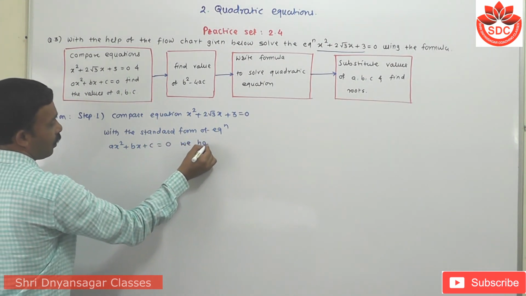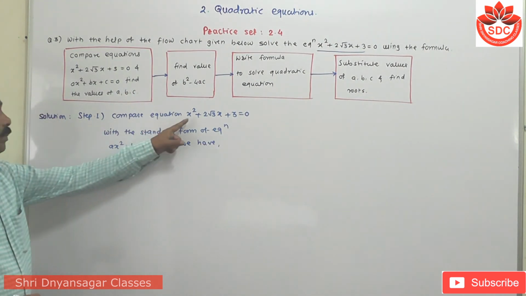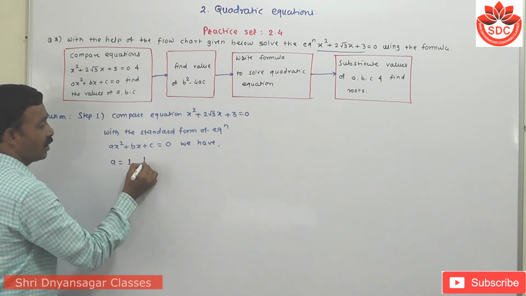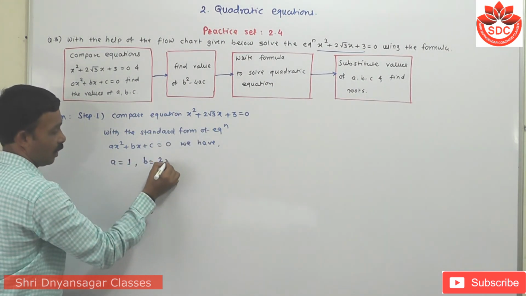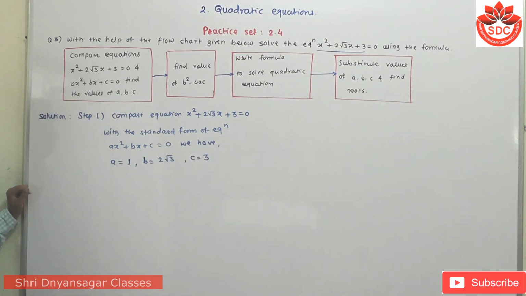We have the values of a, b, c. When we compare these two, a is 1, b is 2 root 3 and c is equal to how much? 3. This is our first step.